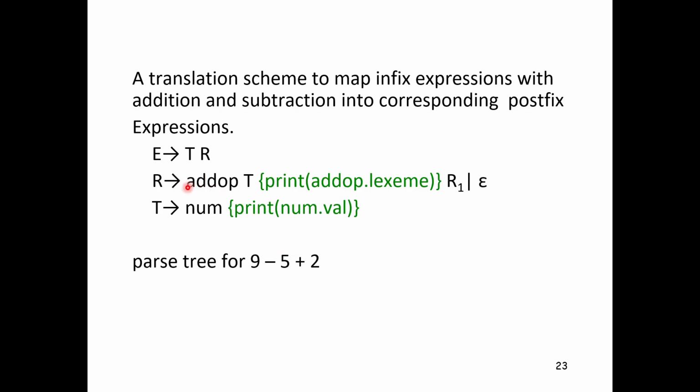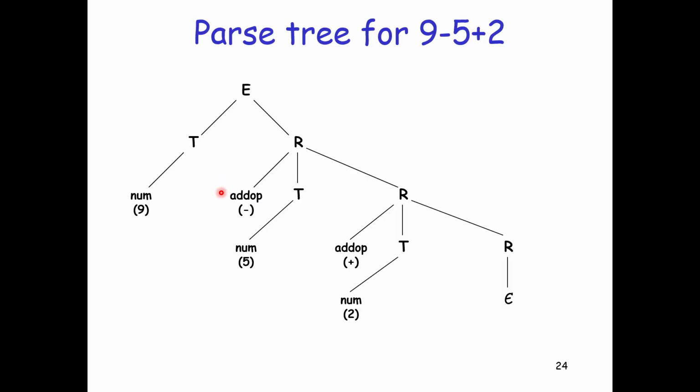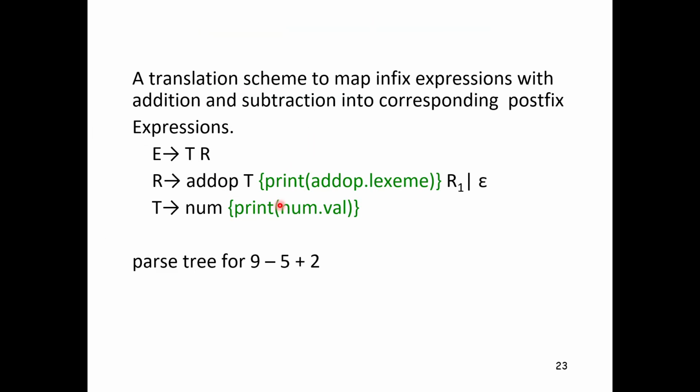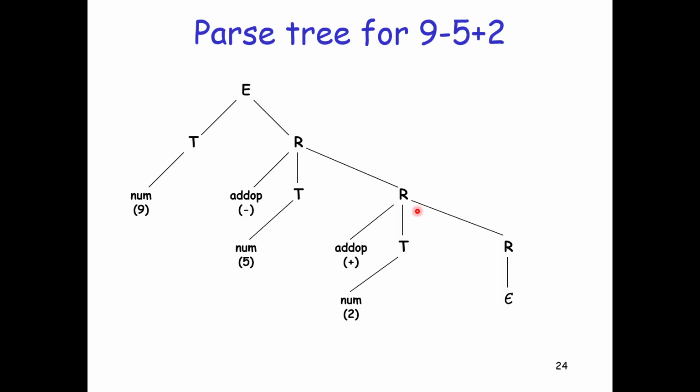For E gives T R there is no rule. For R gives addop T R1, the rule is: after T, print the operator, then R1. Similar thing we can see here. So this 5 will be printed out. Then after the T, the print addop rule is there, so I have to print the operator. That minus will be printed. Then you go to the next child, its leftmost part, that is the plus, the lexeme provided by the lexical analyzer.